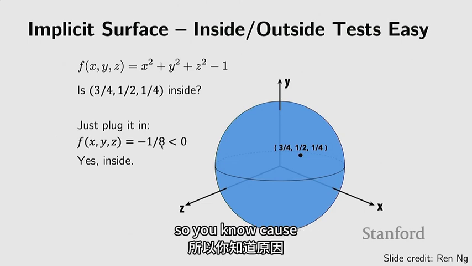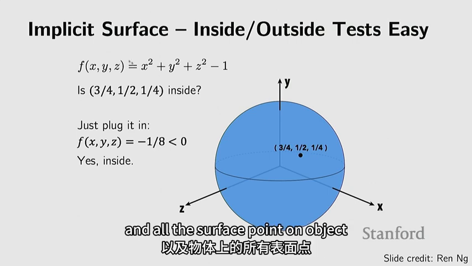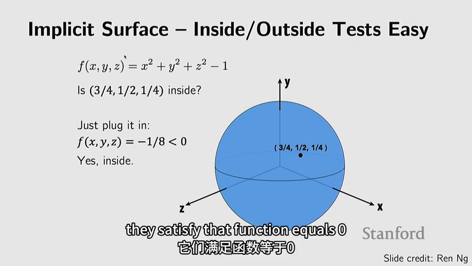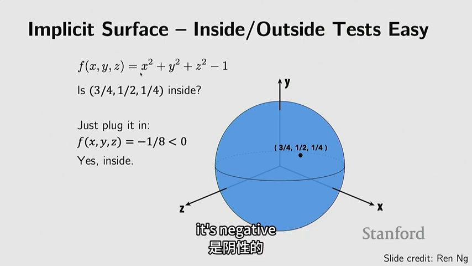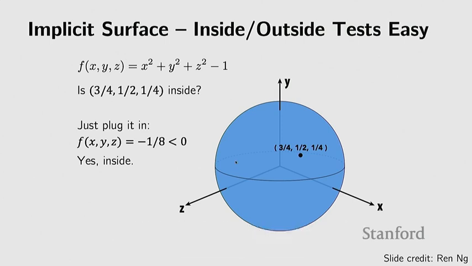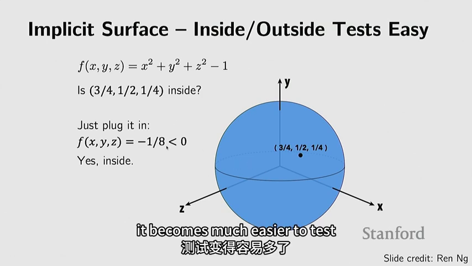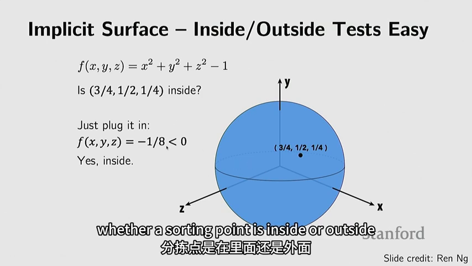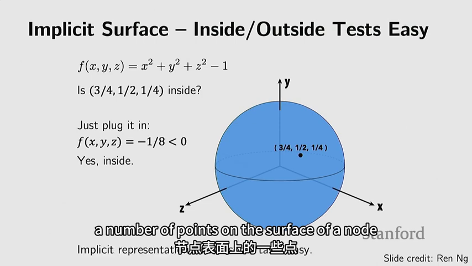Because I assume the object is represented by this function, and all the surface points on the object satisfy that function equals 0, anything lower than 0, negative, means the point must be inside the object. And if the output value is positive, then the point must be outside the object. So it becomes much easier to test whether a certain point is inside or outside the object, although it becomes much harder to sample a number of points on the surface of the object.